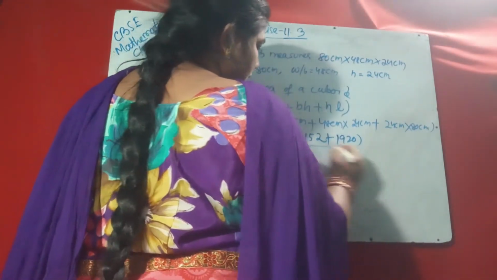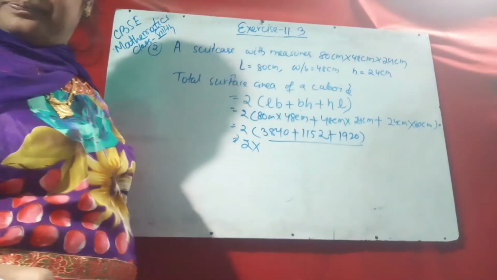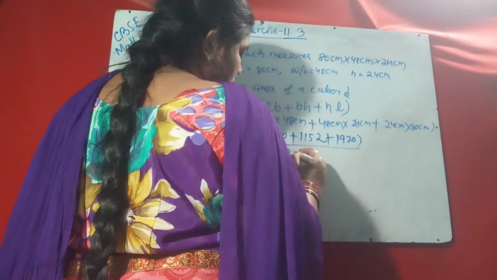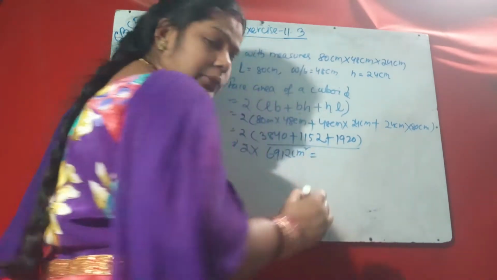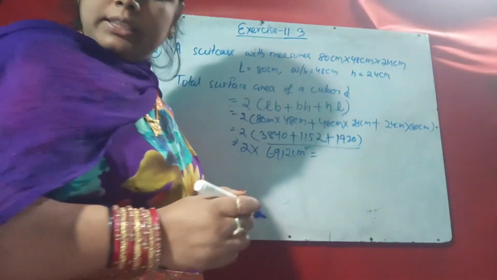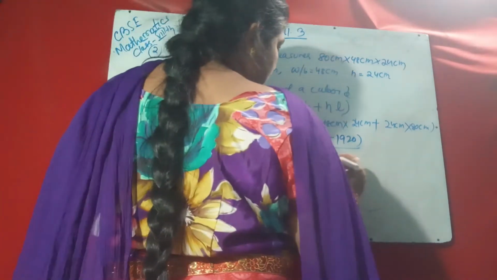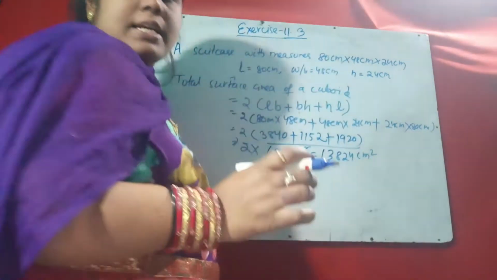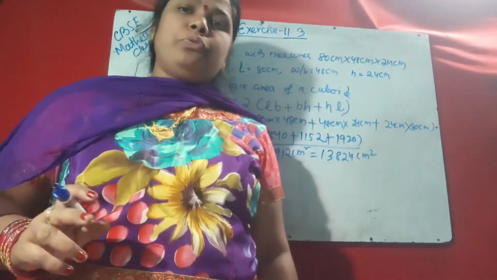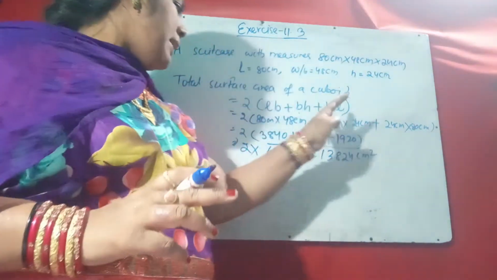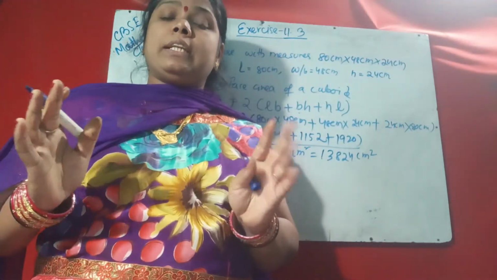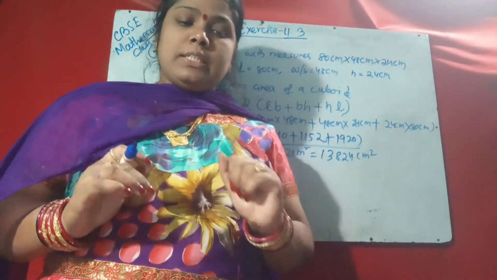Add these three and you will get 6912 centimeter square. Then 2 into 6912 equals 13824 centimeter square. You multiply and add that yourself. So it is the total surface area of one suitcase.